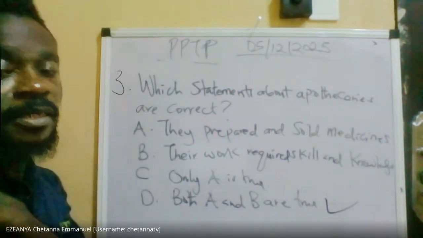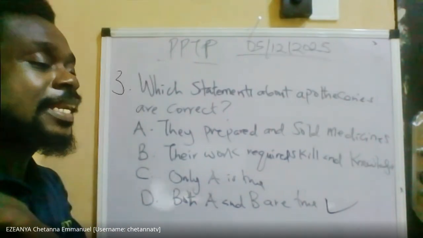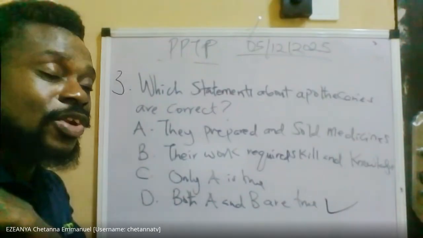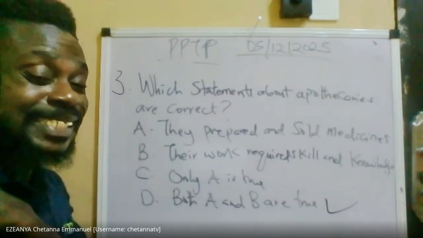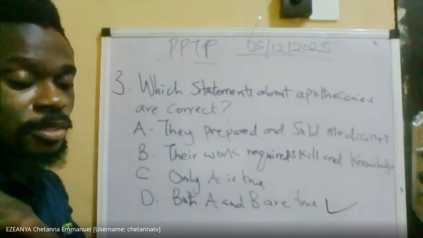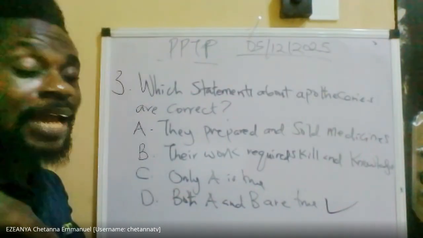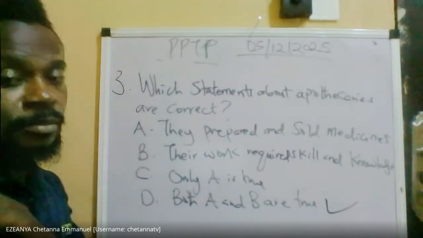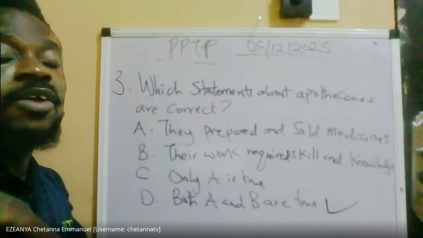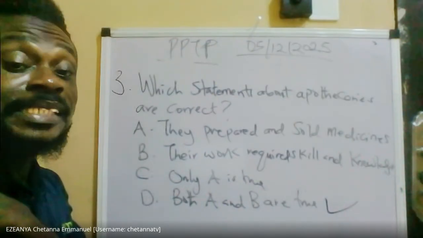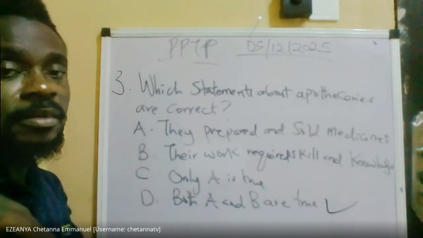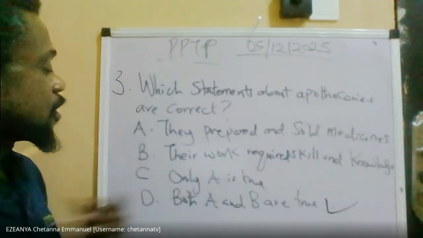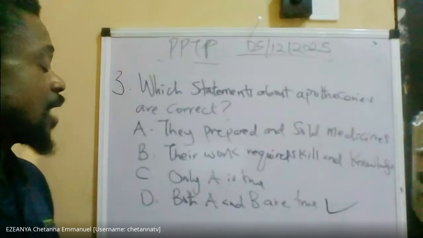That separation was important because they needed pharmaceutical skills to develop in the line of pharmaceutical compounding. So what they were doing at that time required significant pharmaceutical skill and knowledge. So that's why A and B are correct.